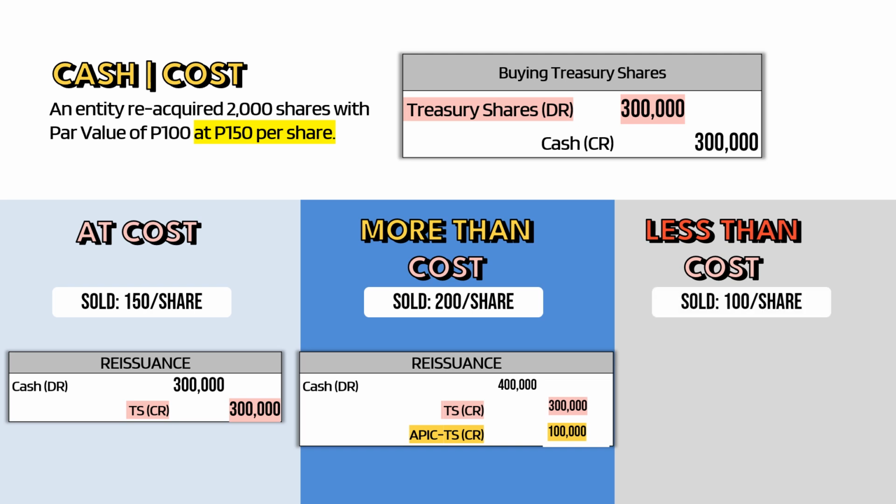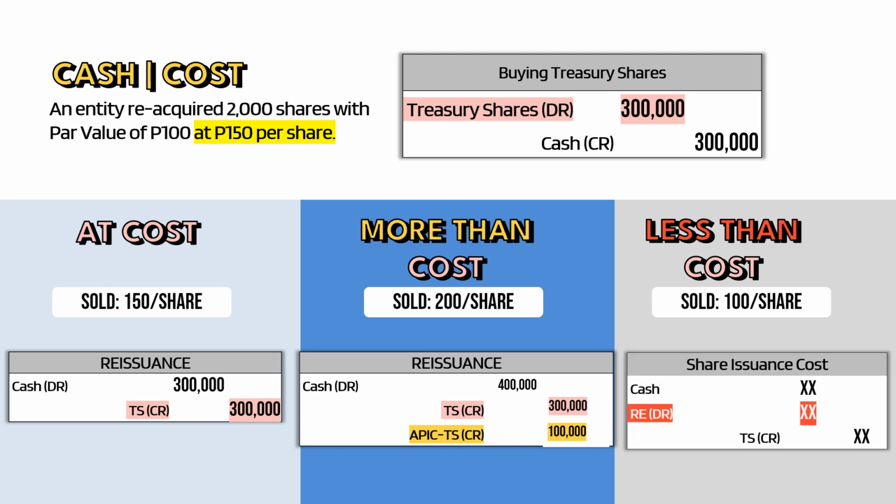And then finally, the last scenario: you sold at 100 per share. So now, again, reminder, you bought it for 150. Nabenta mo lang siya for 100. So what will happen will be, you will first credit your treasury shares at what you bought it, so 300,000. And then the cash, you will debit by the amount you received, which is 200,000.